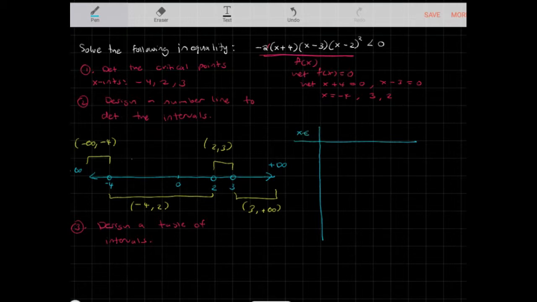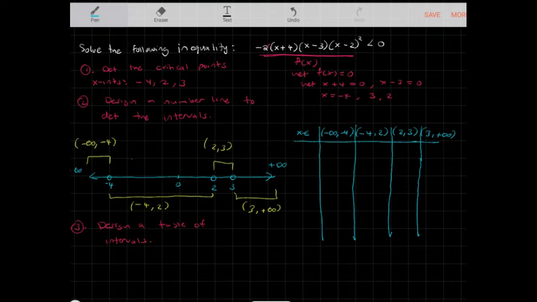Okay, x belongs to, and then we're going to basically put those intervals in, so negative infinity, negative 4. So place the intervals on top here, negative 4 and 2. We'll also have 2 and 3, and we'll also have 3 and positive infinity.